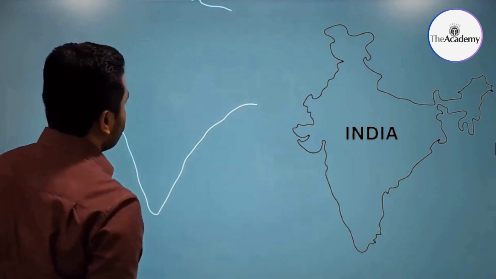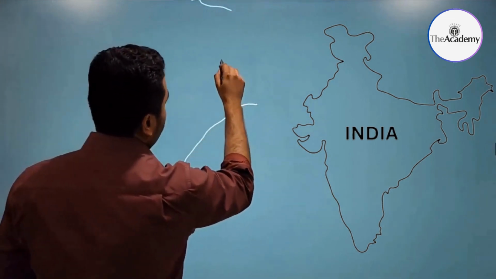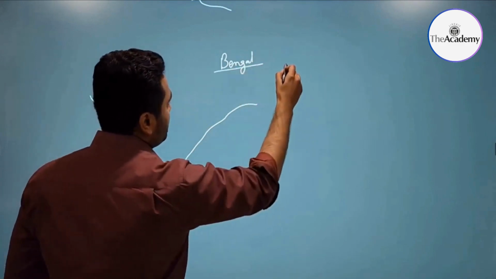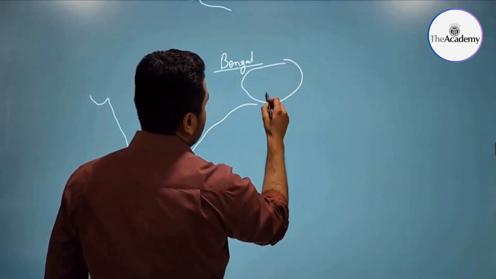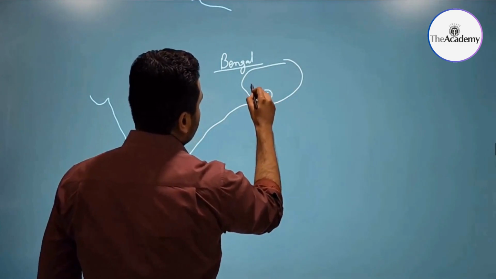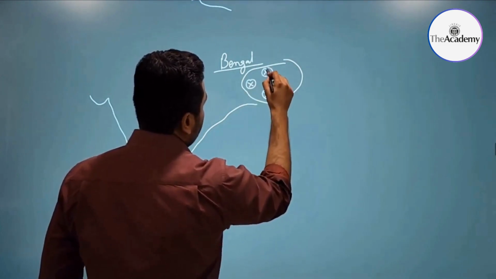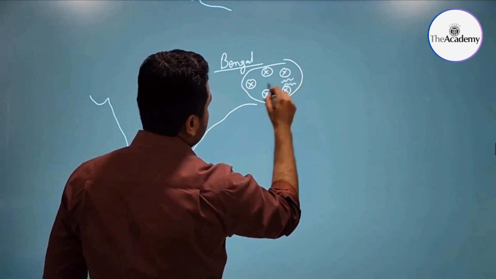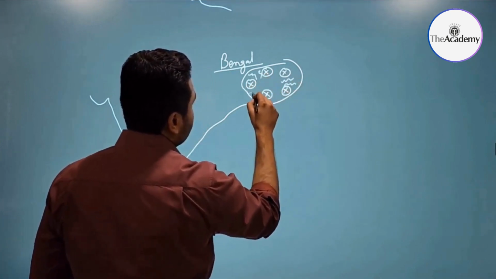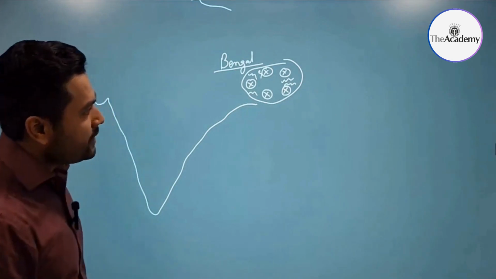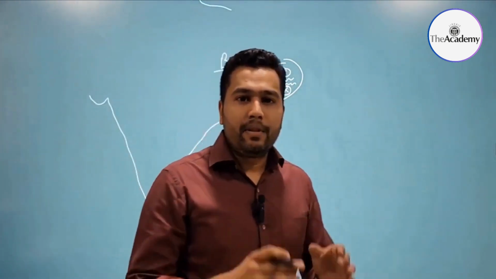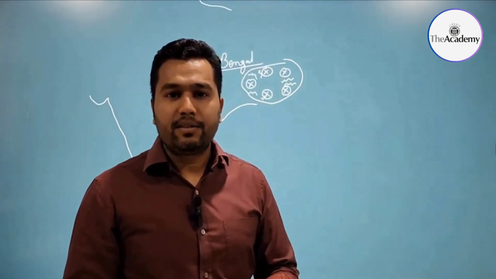So let us say in India, if I'm talking about Bengal, in Bengal there used to be various villages inhabiting the region, and in between there were certain forests as well. In this village, there were generally peasants and artisans.